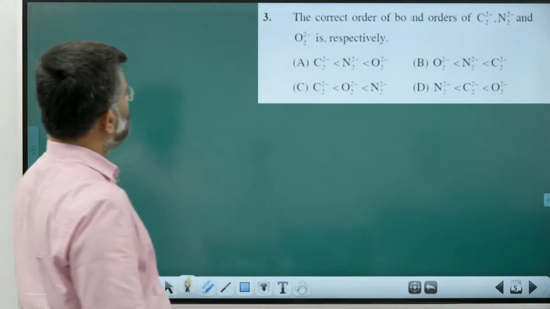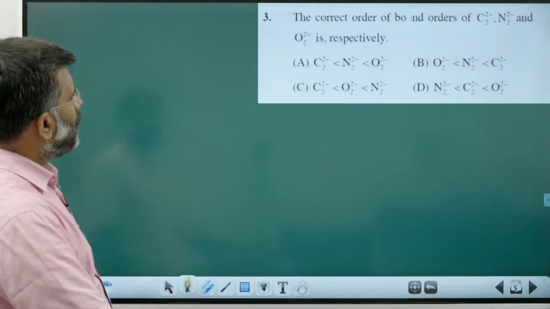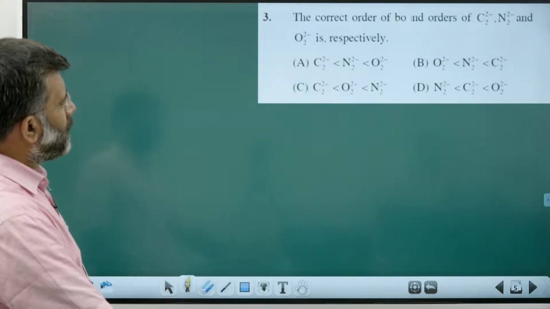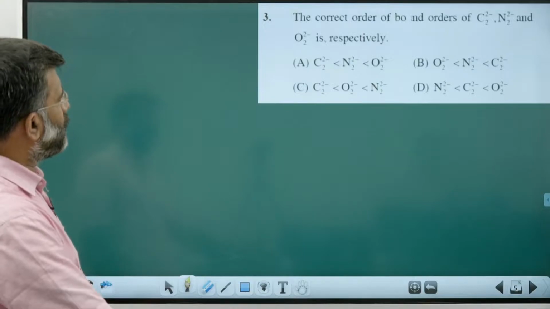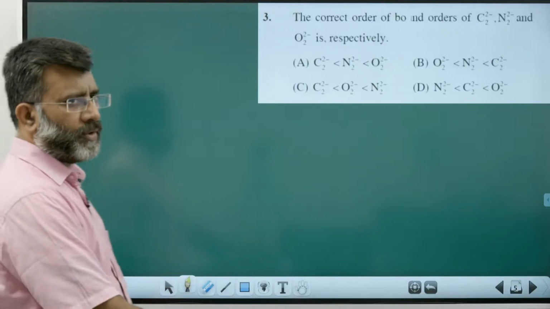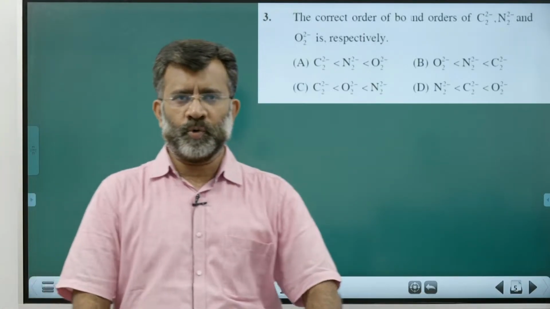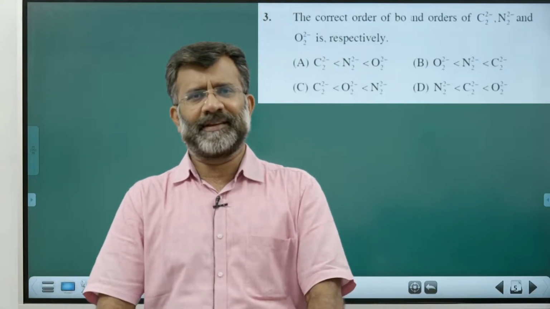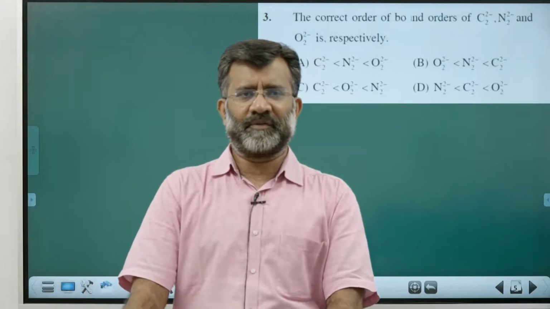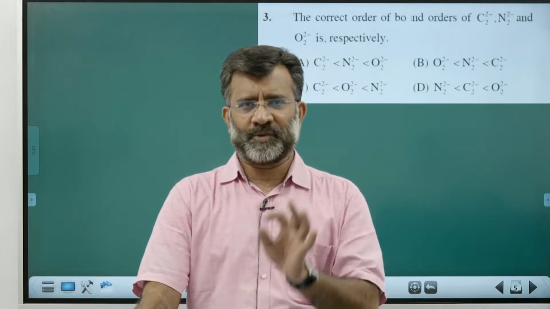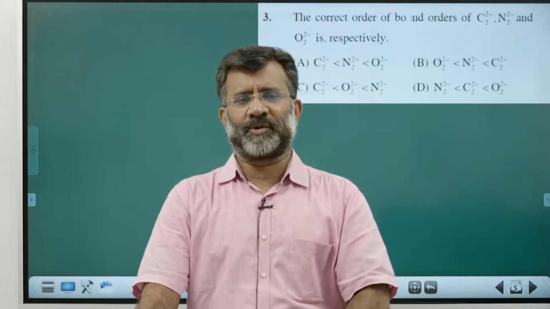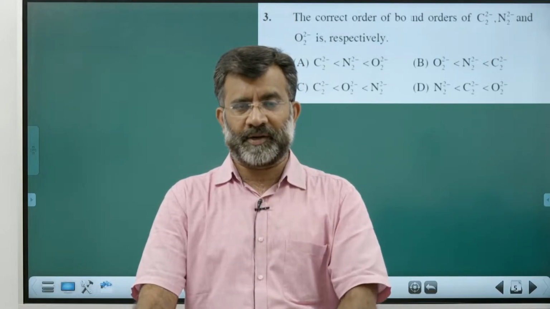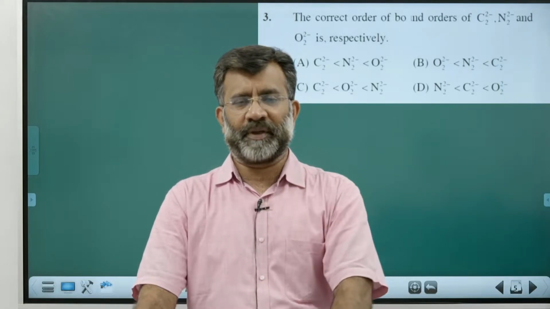Third question. The correct order of bond orders of C2 2 minus, N2 2 minus, O2 2 minus. You know the configuration for O2 and N2. There is a slight difference. For oxygen, we will be taking sigma 1s2, sigma star 1s2, sigma 2s2, sigma star 2s2, sigma 2pz2, pi 2px, pi 2py, like that.